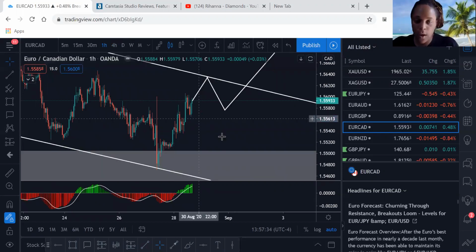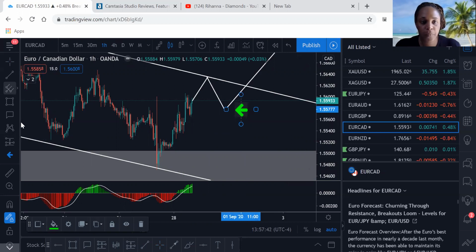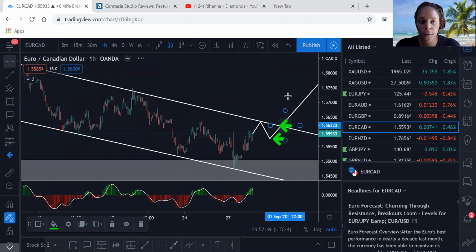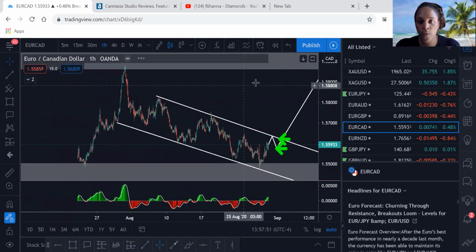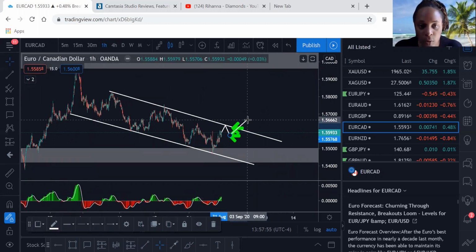It's a high possibility, but you guys have entry here, entry on breakout. So when you're mapping out, you guys don't know.